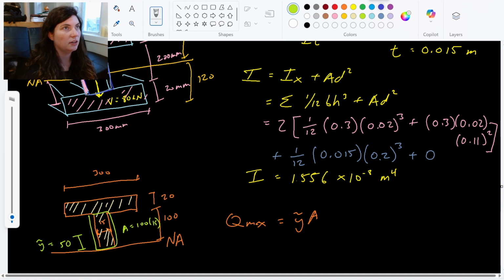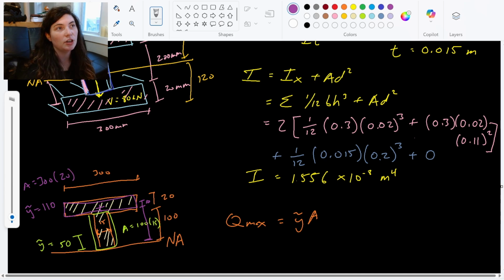And then if I look at my other rectangle, my top rectangle, my centroid here is going to happen 10 millimeters in, but I need to add everything that's below that as well. So y tilde for the second rectangle is 110. And then the area is going to be 300 times the height of 20.